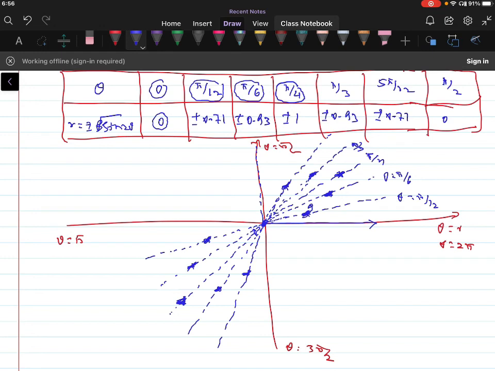Now let us draw the graph for the corresponding points theta and r here. The curve lies in the first quadrant as well as in the third quadrant. So approximately we can plot it like this.